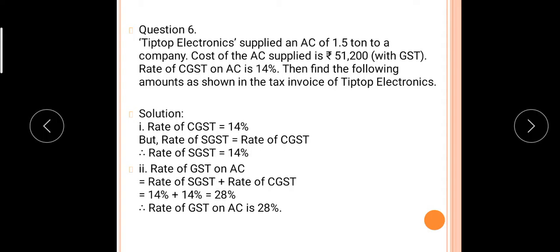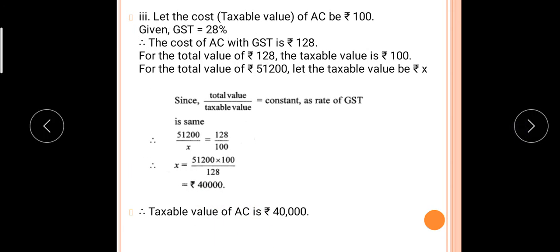Then find the following amounts as shown in the tax invoice of Tip Top Electronics. Very simple. Rate of CGST is 14%. Rate of CGST is equal to SGST. Therefore, SGST is also 14%. Now second, what is the rate of GST on AC? GST is CGST plus SGST, that is 28%.